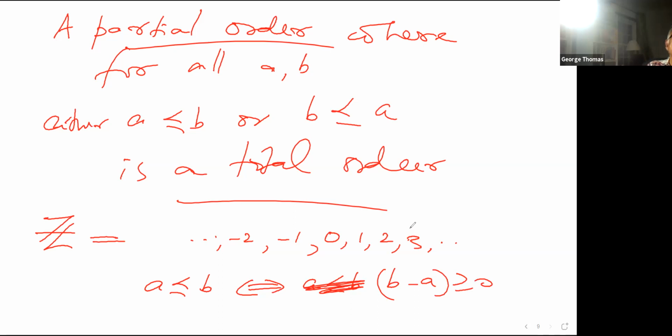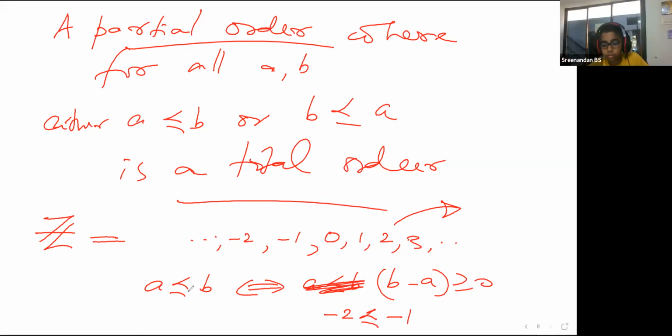We know it will work for the naturals. Will it work for this one? Is -2 less than or equal to -1 under this?